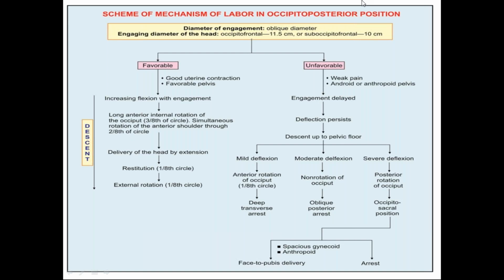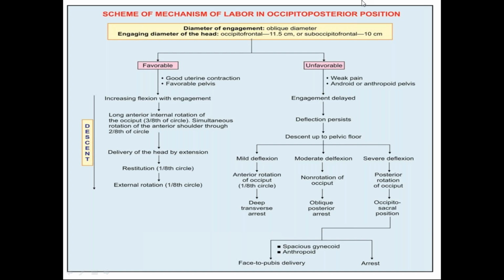Here in unfavorable condition with contraction, android or anthropoid pelvis, engagement is delayed, deflexion persistent, and descent is very poor, so slow descent will be there. In mild deflexion, anterior rotation is partial, deep transverse, so there is partial or incomplete rotation.